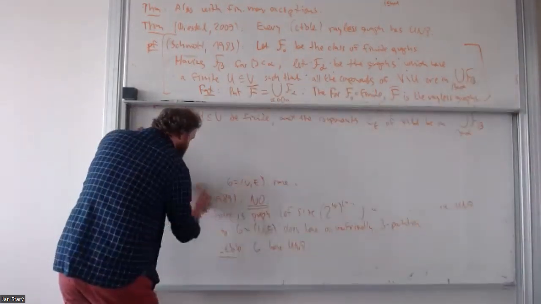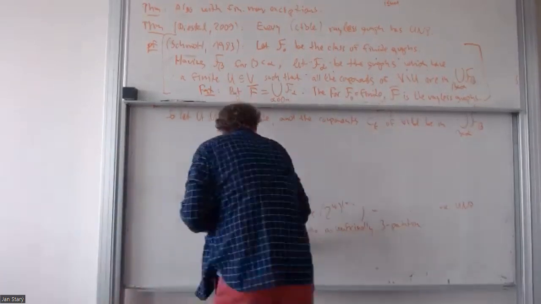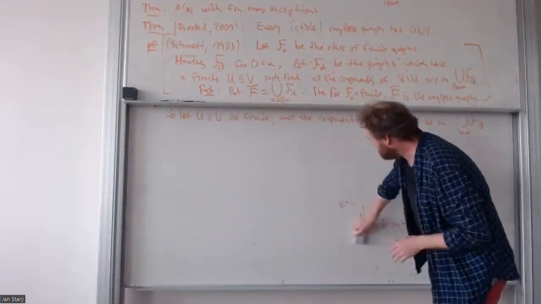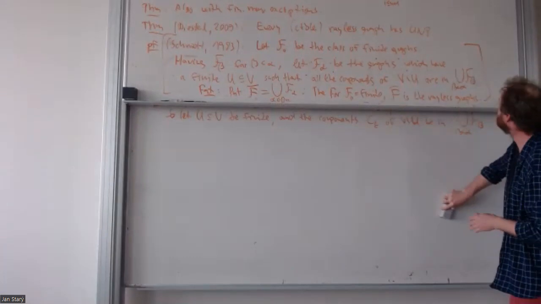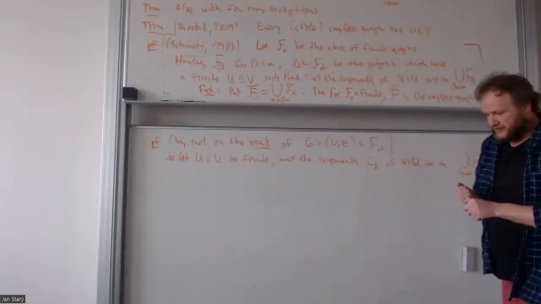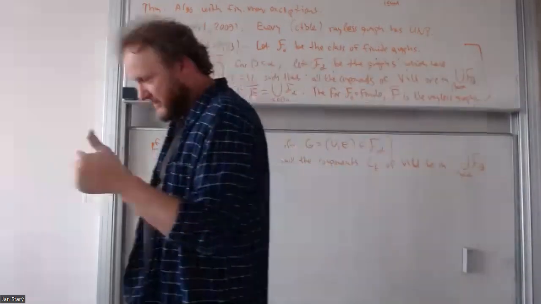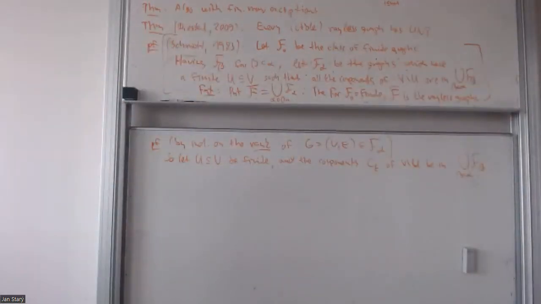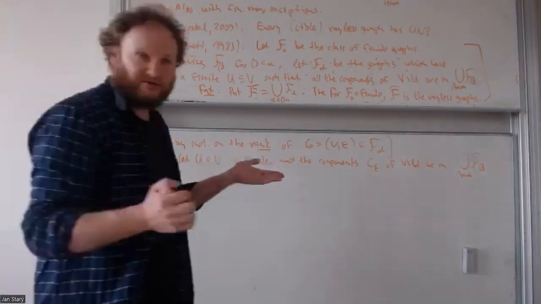We'll split up the witnessing finite set U into three pieces, because there are three things that can happen to a guy in the extra set U. Namely, it is of finite degree, or it is of infinite degree but only has finitely many neighbors in each of the other components, or it has infinitely many neighbors in one of the components. These three cases cover everything.